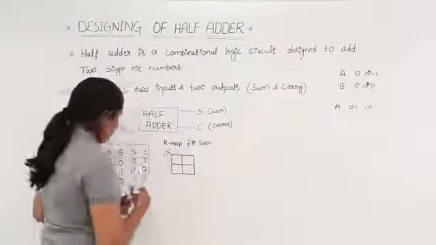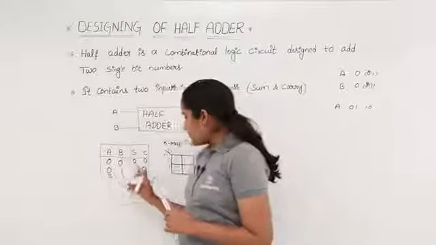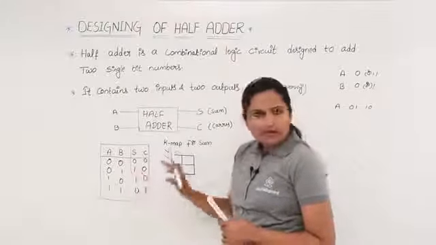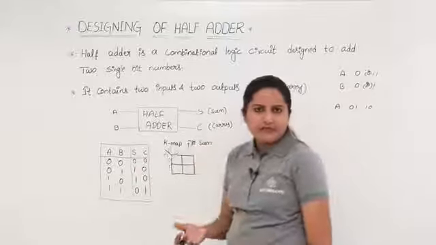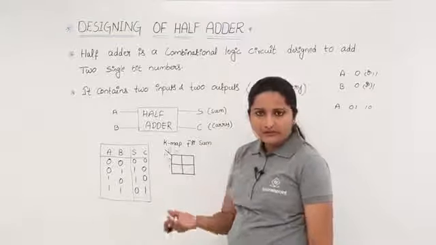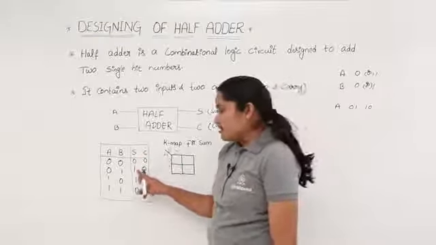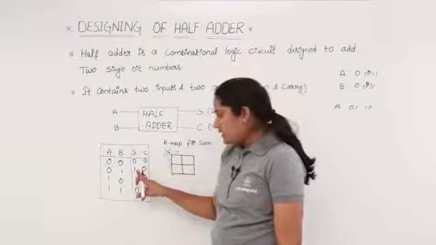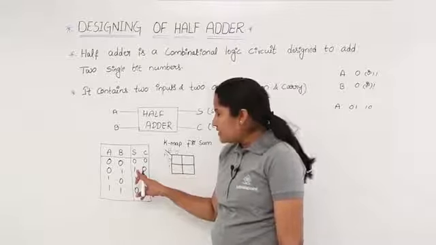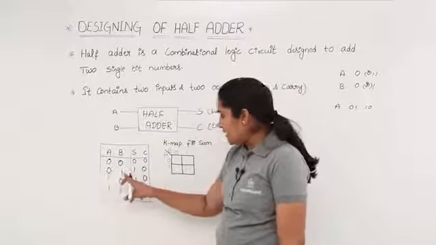So where your sum is 1, see here, your sum is 1. I always want my expression in sum of products form, that is why I am considering ones. Otherwise, if you want POS, you just consider zeros. So if you are taking 1 in consideration for SOP, there is 1 when A equal to 0, B equal to 1.